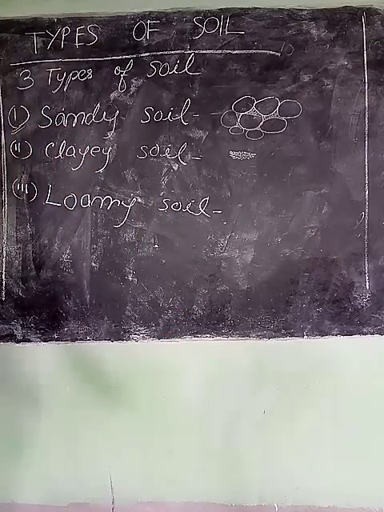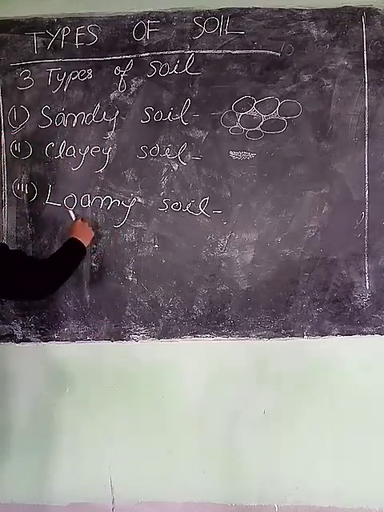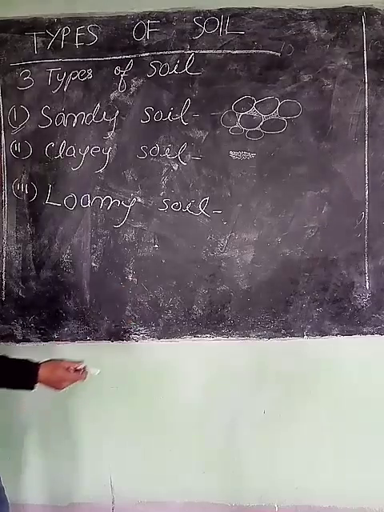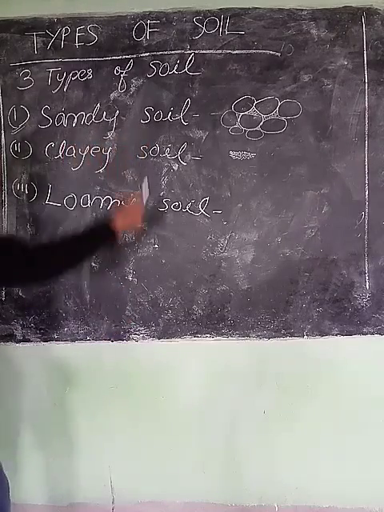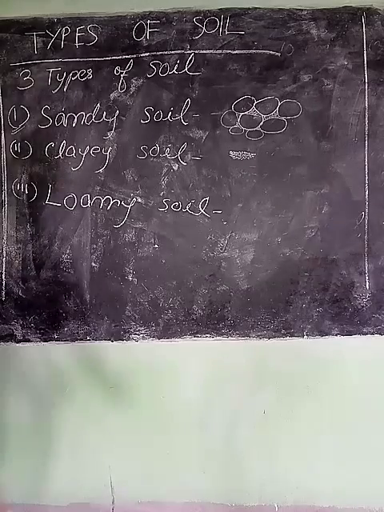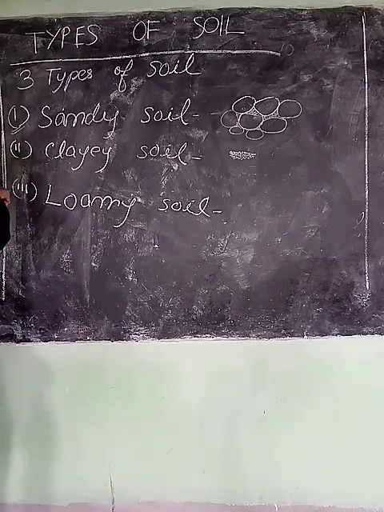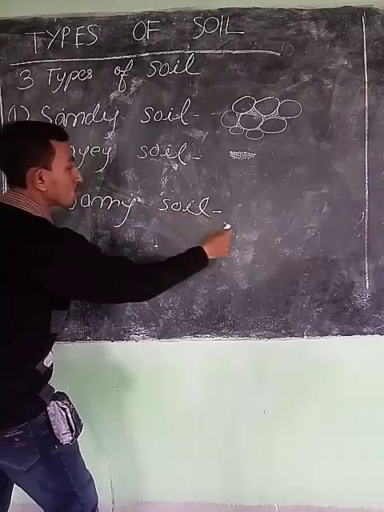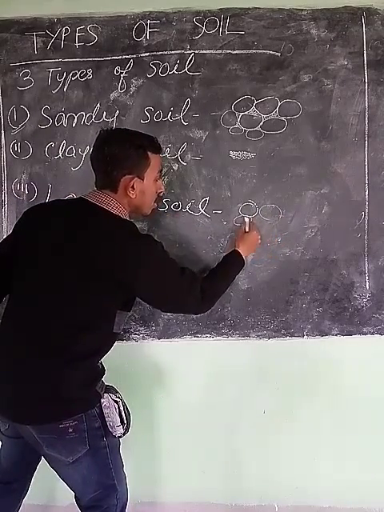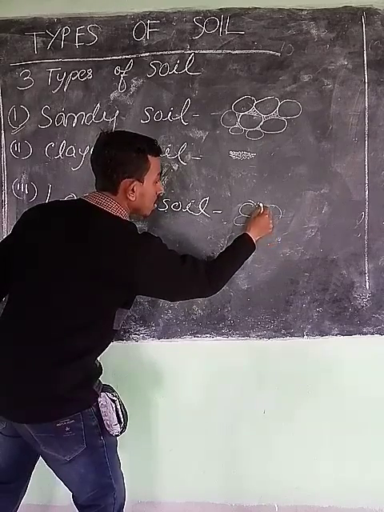Okay. Then what about the loamy soil? I have told you that sand, clay, and silt are all present in loamy soil. So in loamy soil, large particles are present and small clay particles are also present.